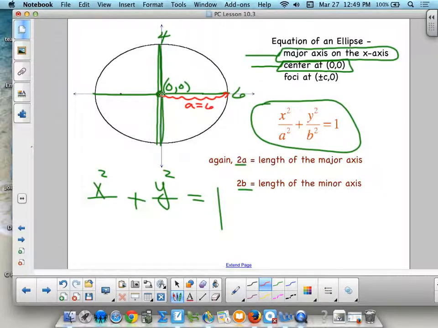So that would mean under x squared, you're going to put what? 36, because it's a squared. Under the y, you put the b. Where's the b? The b is from there to there. b is 4. You'll put what? 16. See how easy that was? That wasn't hard, was it? But I'm not going to pretend this is easy. It's not easy, but that is probably the most basic one I can give you.